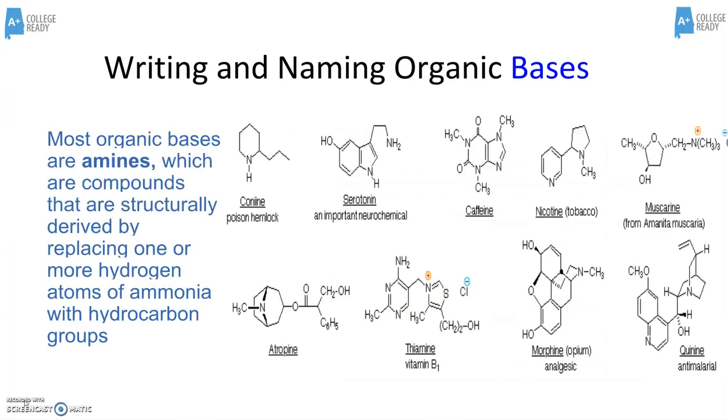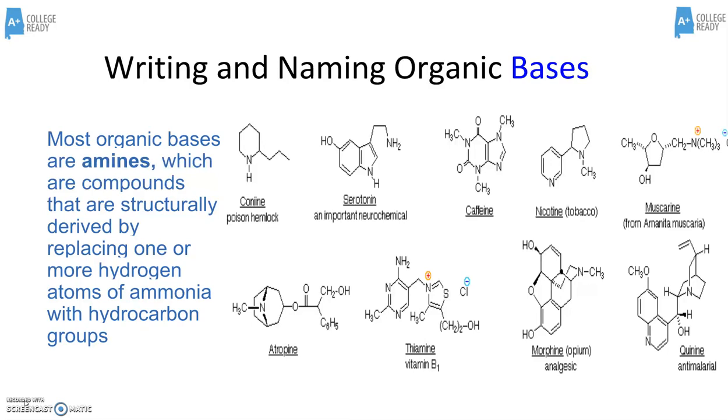All right, moving on. There are some other organic bases out there, and they're pretty much amines. An amine is an NH3 or NH2 structural unit that is attached. So I've given you some common amine bases, organic bases that we use every day. For example, serotonin.